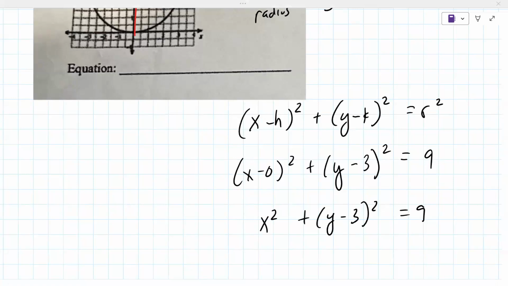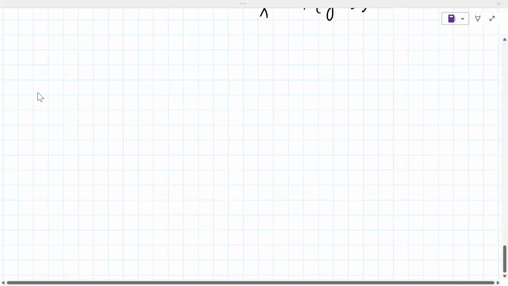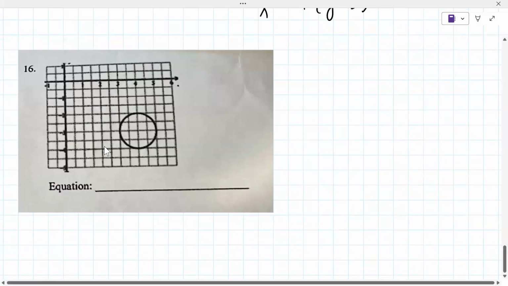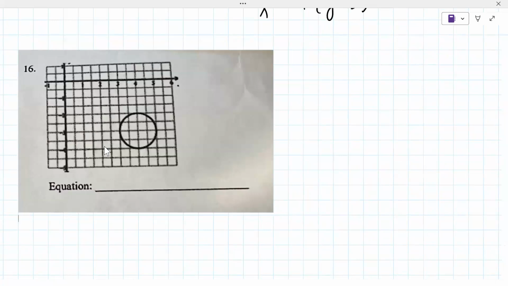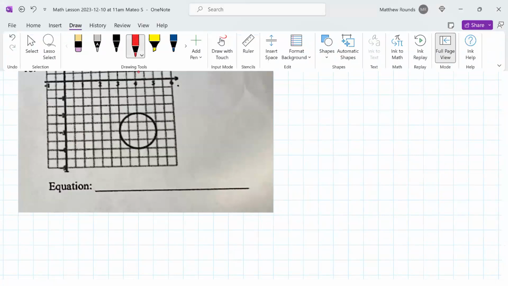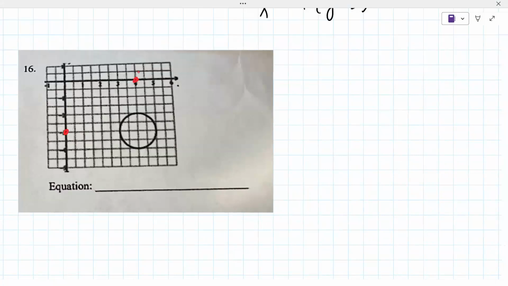Okay, so for 16, you're going to do the same thing. So what's the center? What's the radius? The center's 4, -3. Okay, looks good.